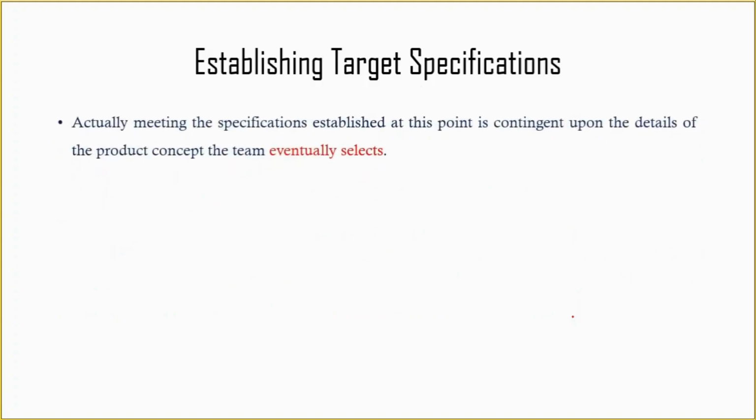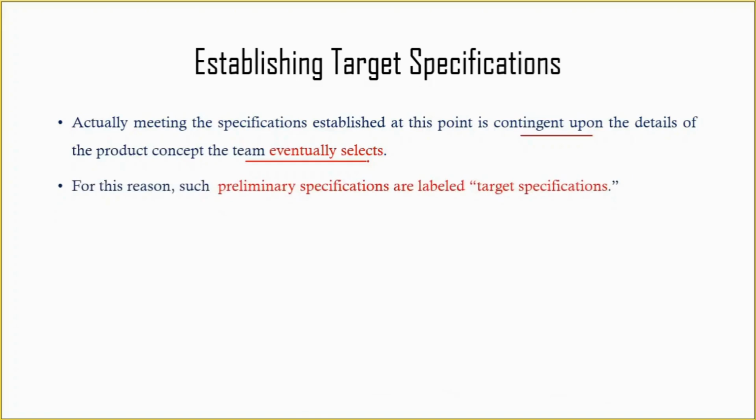Meeting the specification established at this point is contingent upon the details of the product concept the team eventually selects. For this reason, preliminary specifications are labeled as target specifications. Target specifications mean whatever specifications you want to have in your product.